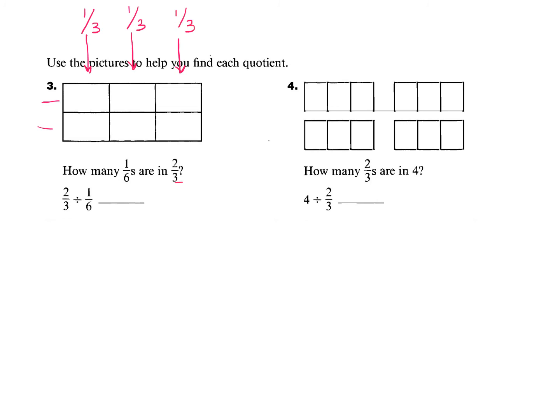And we're going to shade in 2 of the thirds. So that means we're going to shade in 2 columns. Now, how many 1/6 have we shaded in? We've shaded in 1, 2, 3, 4. We've shaded in 4/6.